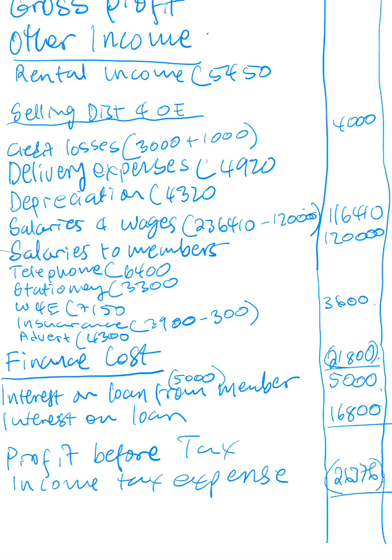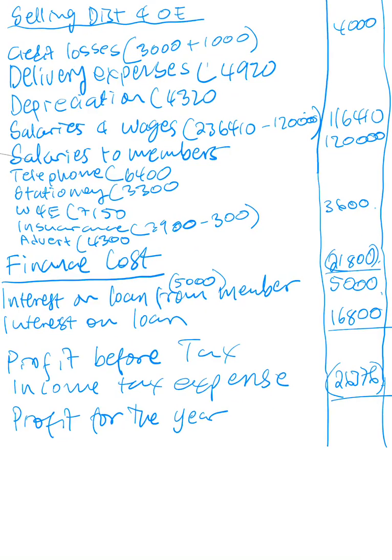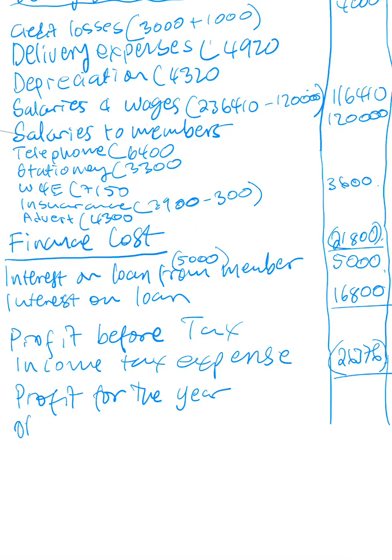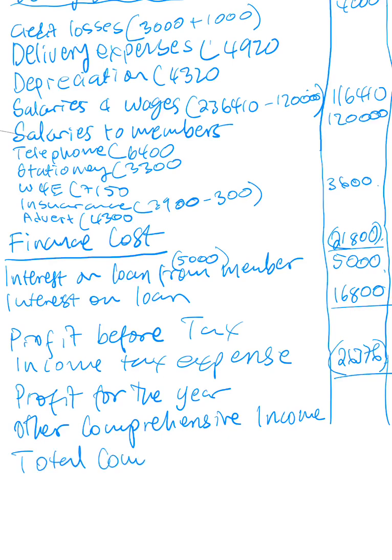Then you have your profit for the year. After profit for the year, you have your other comprehensive income. Then you have your total comprehensive income.